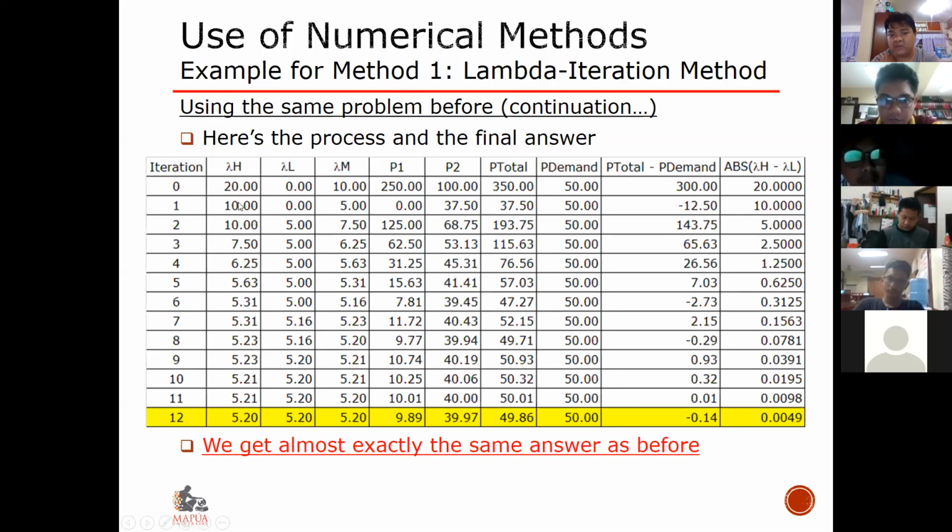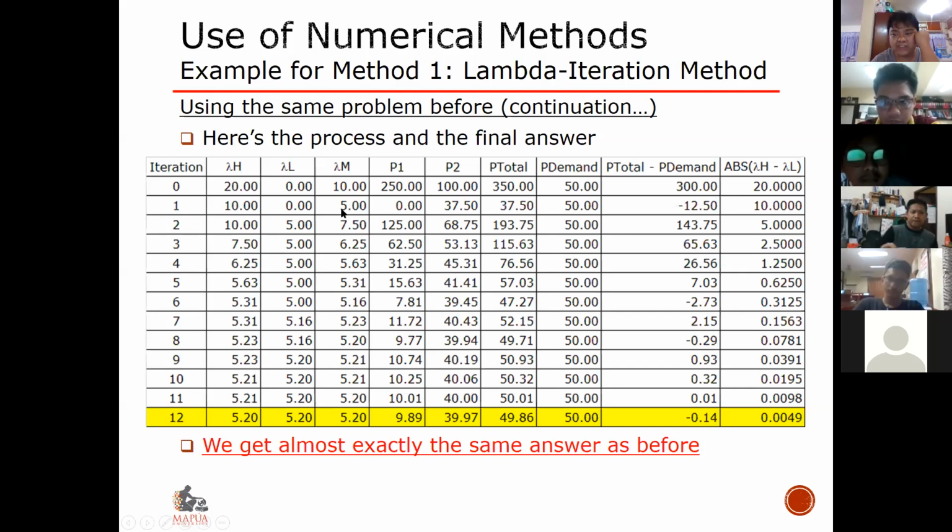Okay? If sobra yung generation sa demand, ano ba yung sabi? Paltan mo yung H nung midpoint before. Sa next iteration, paltan mo si H, kanina 20, papaltan mo siya nung 10, yung previous iteration na midpoint. So ngayon, ang bago mong H and L sa first iteration will be 10 and 0. Now, sa next iteration, your new midpoint will be 5.